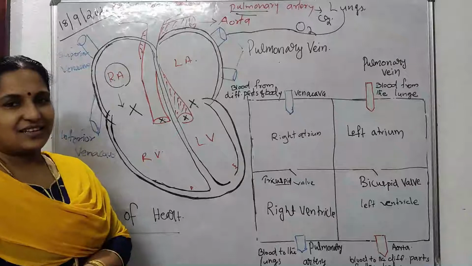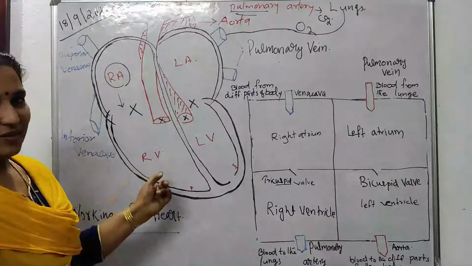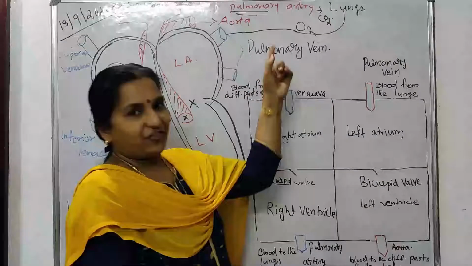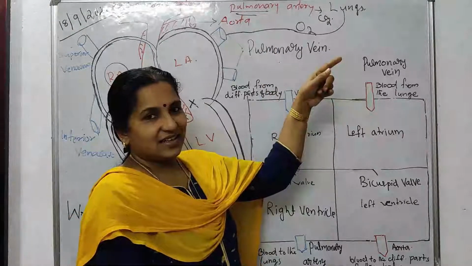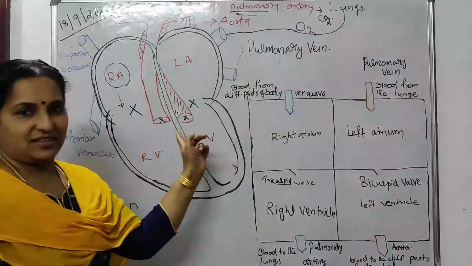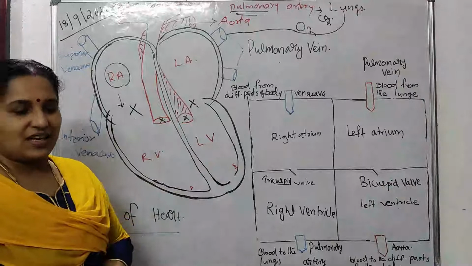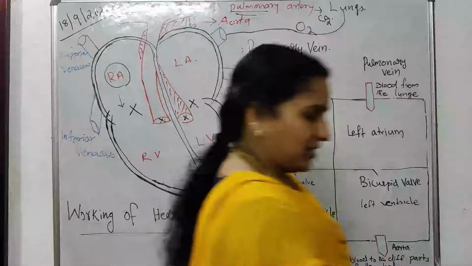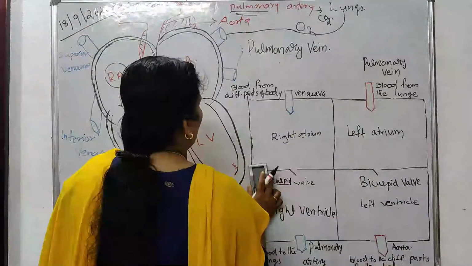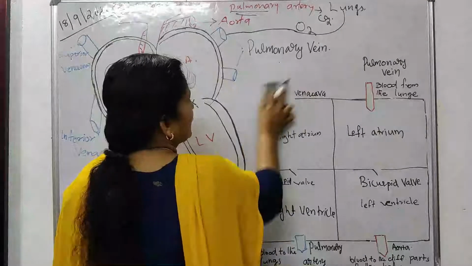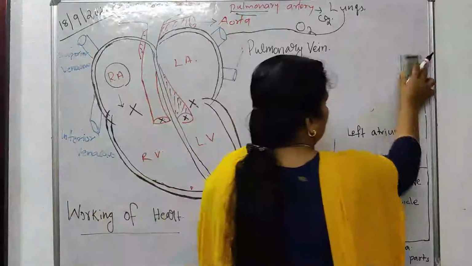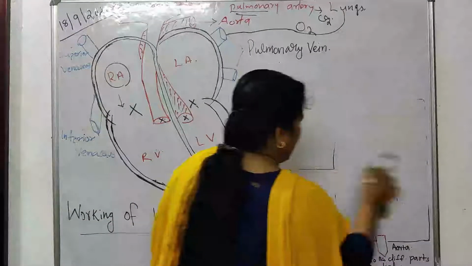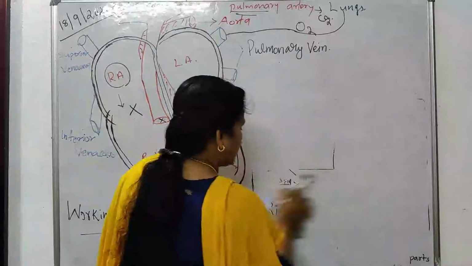The other one is from the heart, blood reaches the lungs. From the lungs, again it reaches the heart. That is the second circulation. Since 2 types of circulation are present, we can call it double circulation.